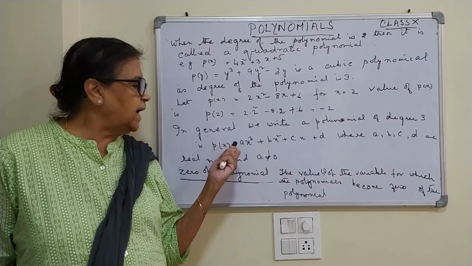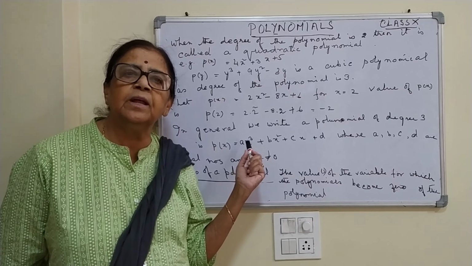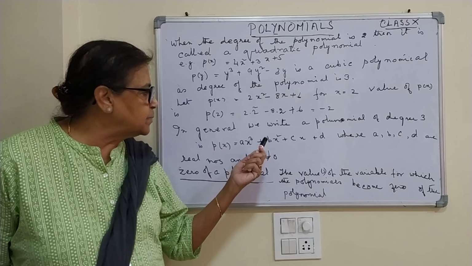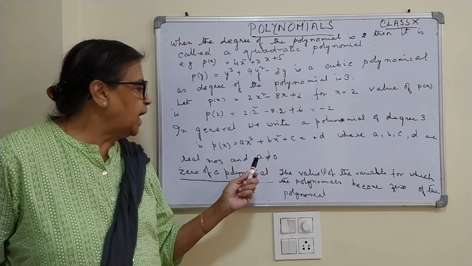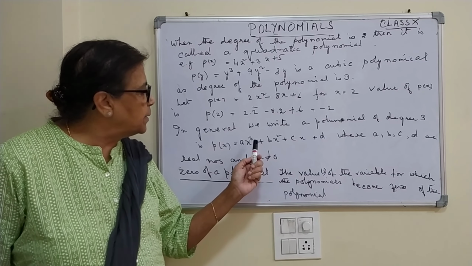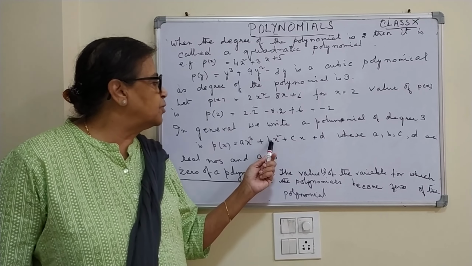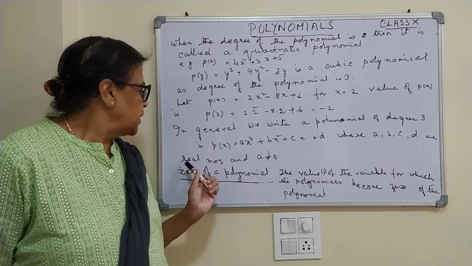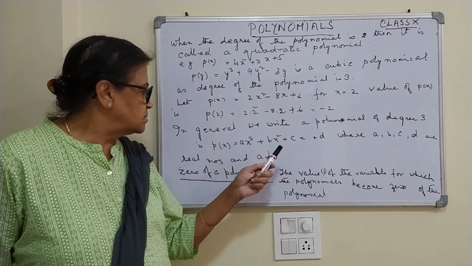Because when a is equal to 0, it doesn't remain a cubic polynomial. It becomes a quadratic polynomial. So a cannot be 0. But the rest you can have b 0, c 0, d 0, anything you can have.